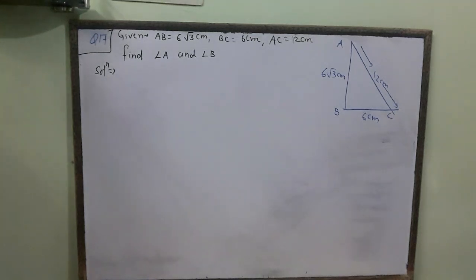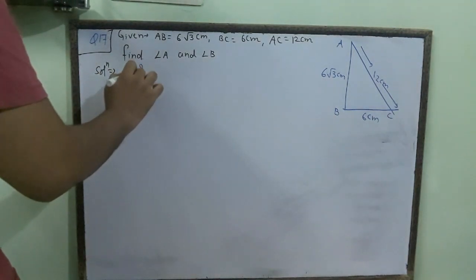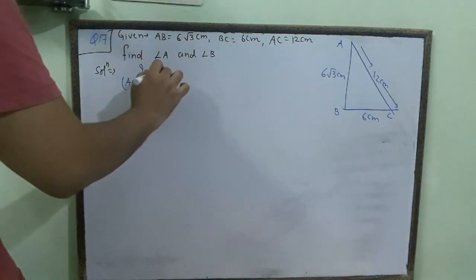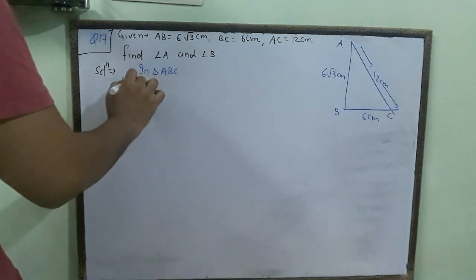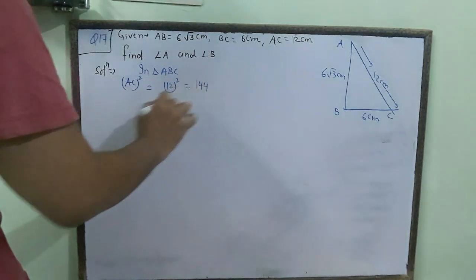As you know the converse of Pythagoras theorem, that if the square of one side is equal to the sum of squares of the other two sides, then the angle opposite to it will be 90 degree. So first we will check whether AC square is equal to AB square plus BC square. So in triangle ABC, AC square is equal to 12 square, that is equal to 144.